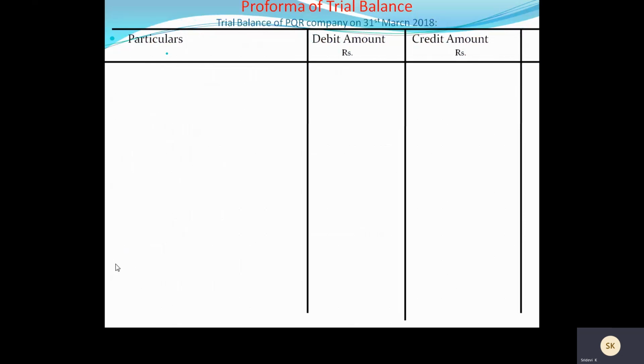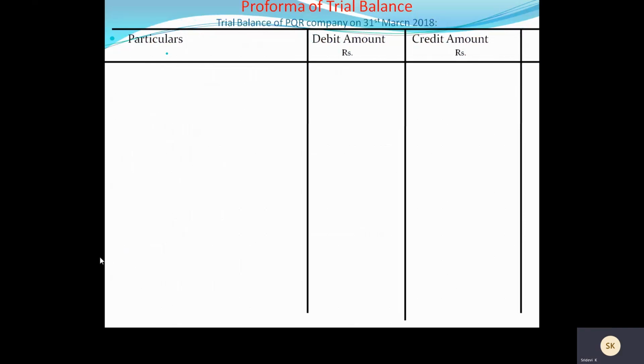You need not maintain two particulars columns. Particulars will be written one by one in sequential order, but the amount will be shown accordingly in the debit amount column or the credit amount column.